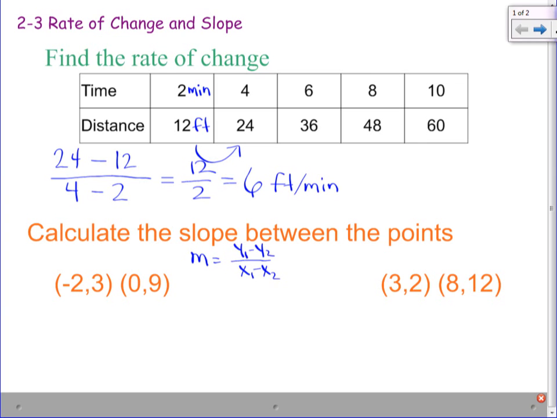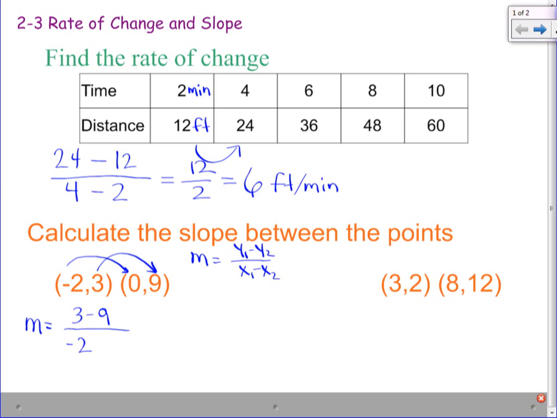Now it doesn't matter if you have 2, 1, 1, 2, as long as they're in the same order. Okay, so the order of these does matter. So on the top, when we subtract, we want to subtract the y values. Okay, so what minus what? Now if we go in this direction, we have to go in the same direction on the x's or it's going to be wrong. Okay, so you can pick either direction for the y's, but then follow that same pattern for your x values.